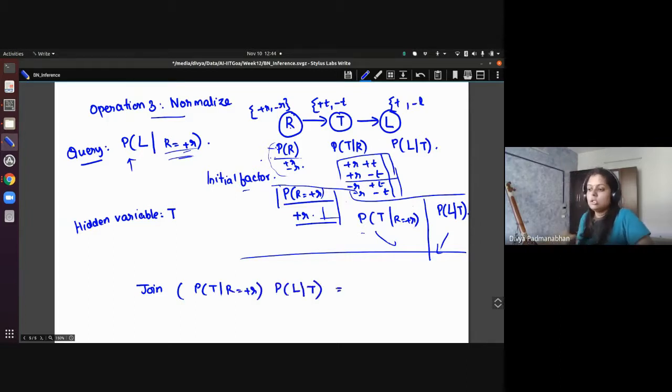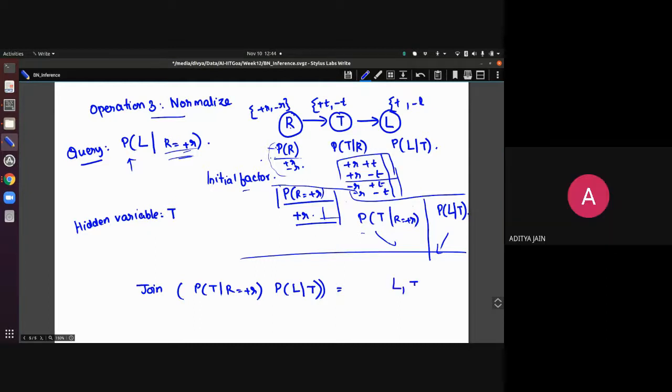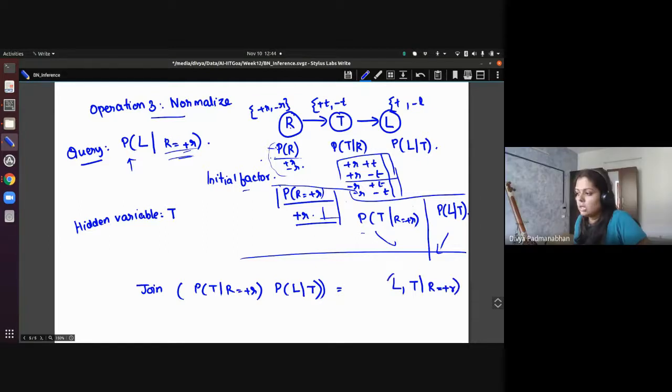What is going to happen in the resulting factor? It is L comma T given R equal to plus R. I will write this as a factor. Go back and check whether this is going to be a probability.